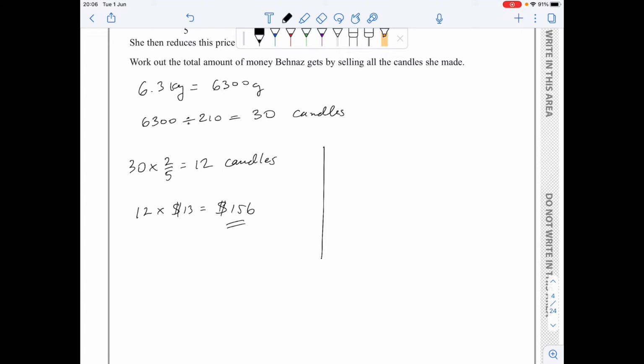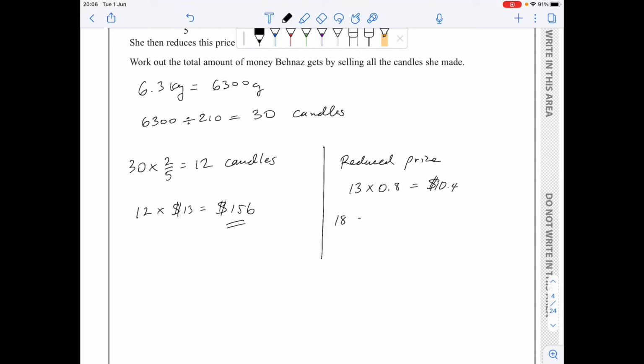And then I have 18 candles, which are the rest, at a reduced price. To find the reduced price, I will do 13 times 0.8, which is my multiplying factor due to the 20% reduced price. This will give me 10.4.